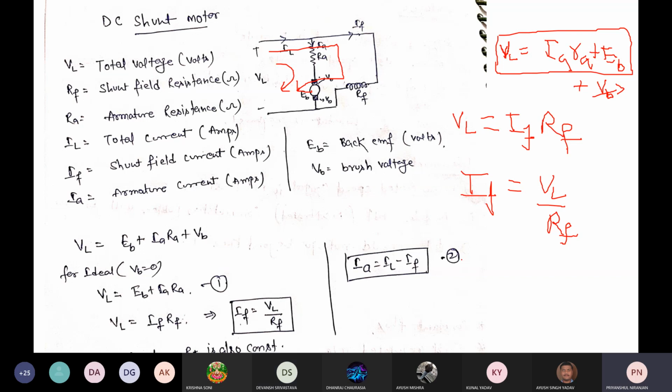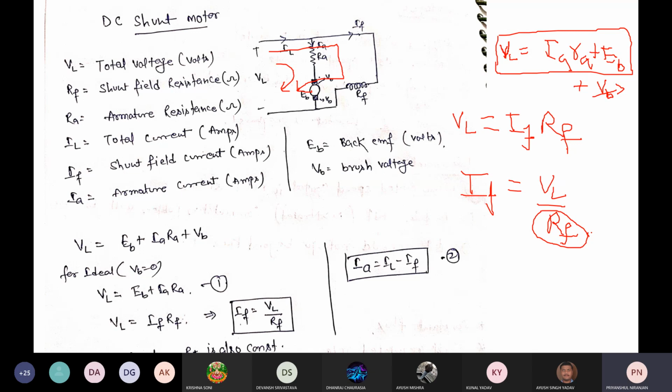Yes, sir. So when you design the DC machine or any winding, meaning the field winding, after designing, is RF constant or variable? Just like for example a transformer, or a home fan also has winding.